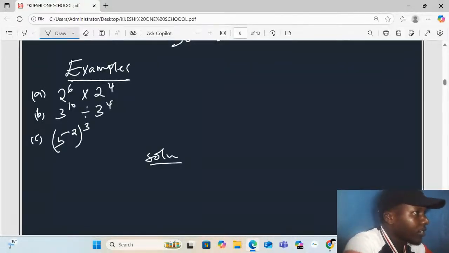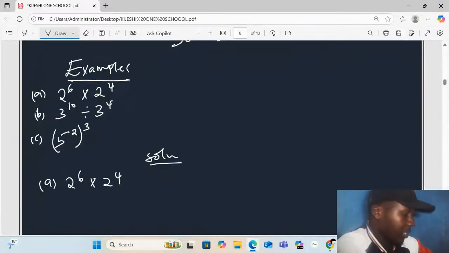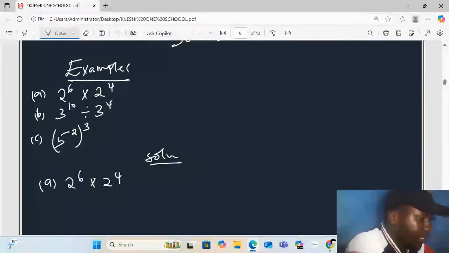Solutions. So A, we have 2 power 6, then multiply by 2 power 4. That means that we are going to add the powers, now that we are multiplying.